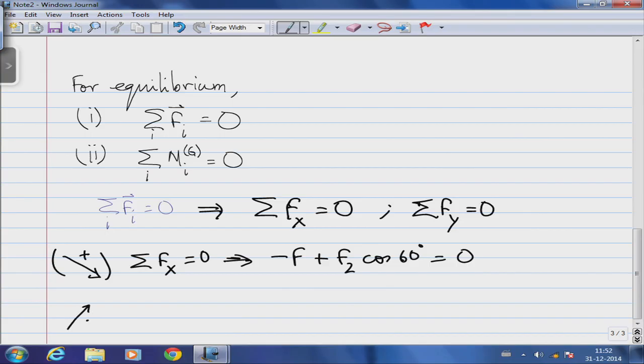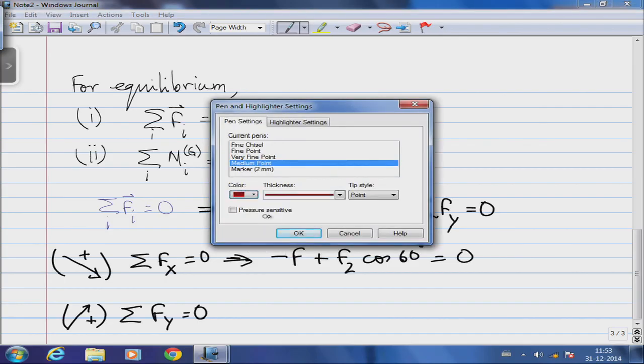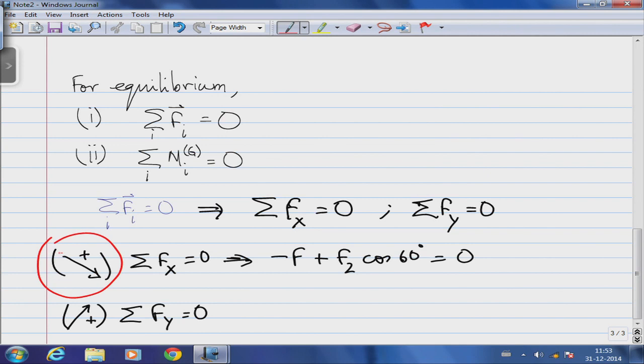And if I take the forces in the positive direction of y being positive, this convention here indicates my sign convention.